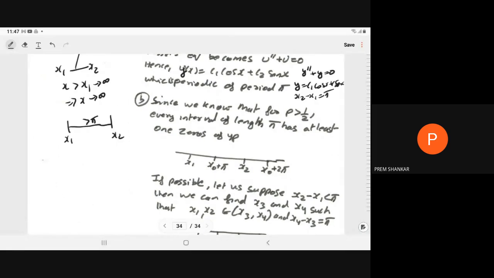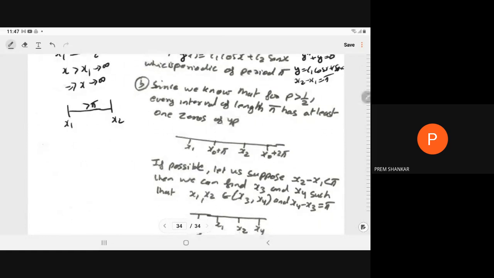If possible, let us suppose x2 minus x1 is less than pi. This is x1, x2, and the distance is less than pi, which means we can determine some points, let's say x3 and x4, whose distance is exactly pi.